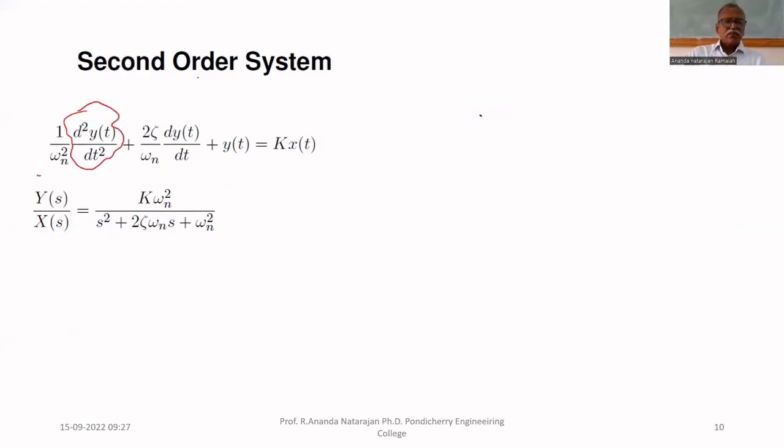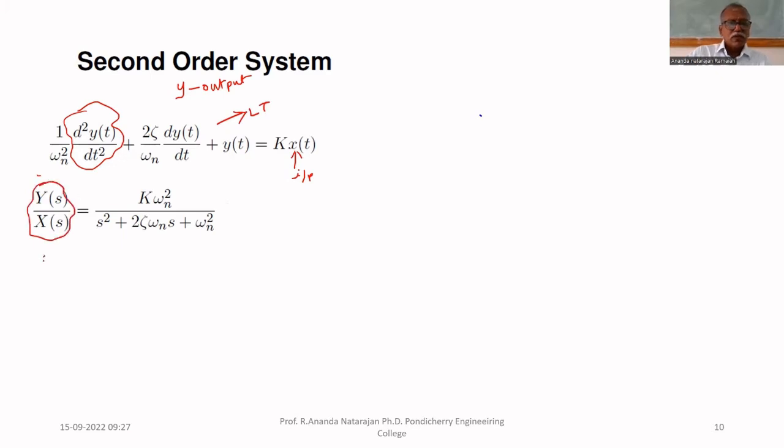d square y by dt square, where y of t is the output. x is the input. If we take Laplace transform, assuming zero initial conditions, then we will get y of s upon x of s.